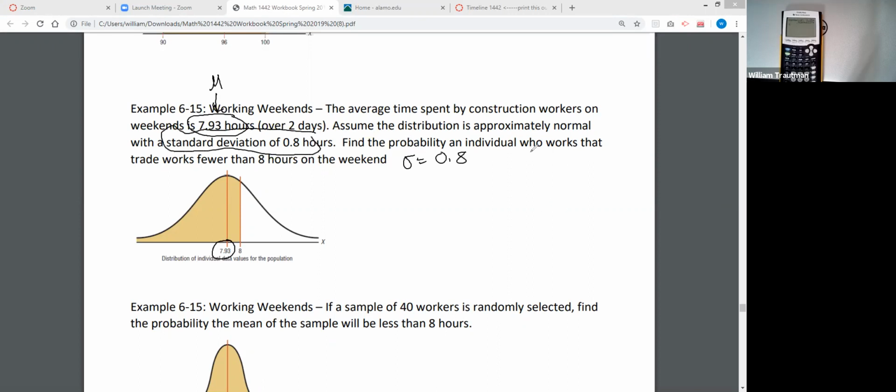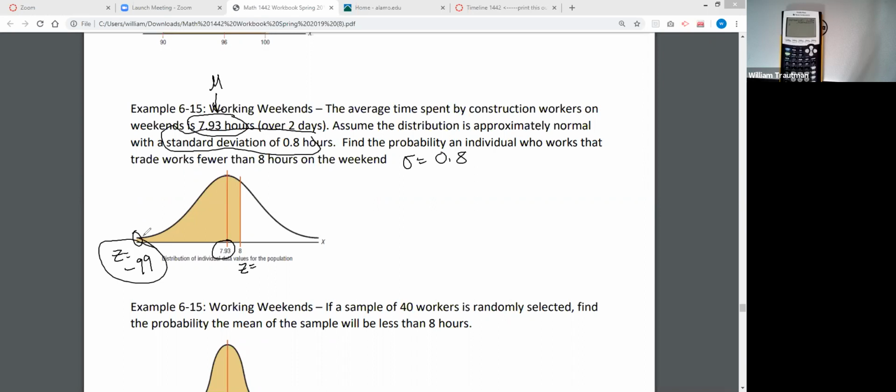Find the probability an individual who works at that trade works fewer than 8 hours. So we have to find this z value, and this z value. Well, this z value is negative infinity, so this z value is negative 99. I already know that one. I just have to find this other one.